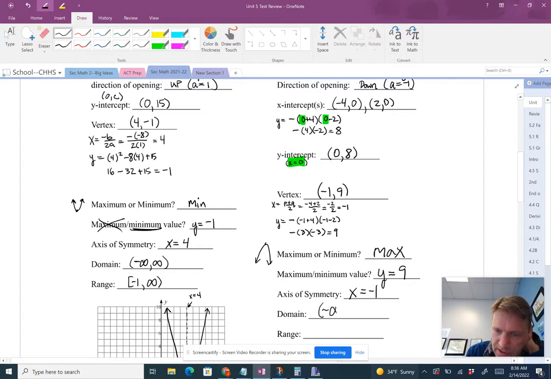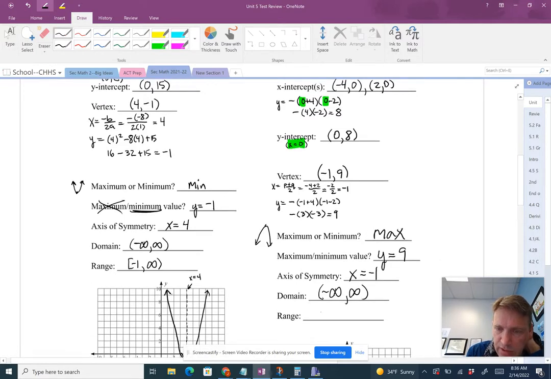Domain is always negative infinity to positive infinity. And the range, since it opens down, there is no lowest point. So we go from negative infinity all the way up to the highest value, which we've already said is y equals 9. So we go up to 9, and we stop there.